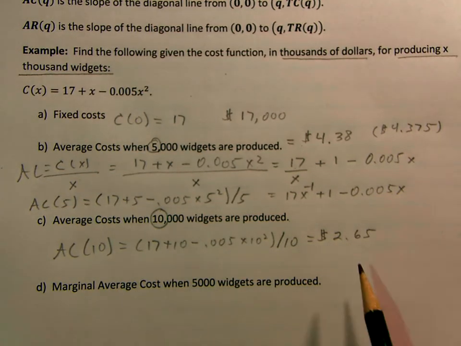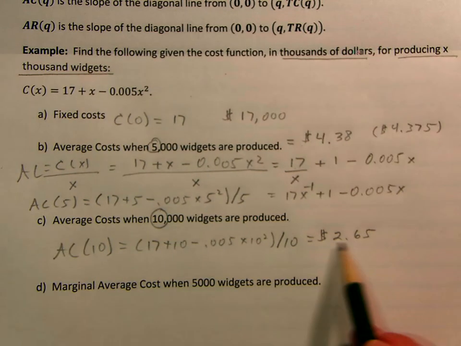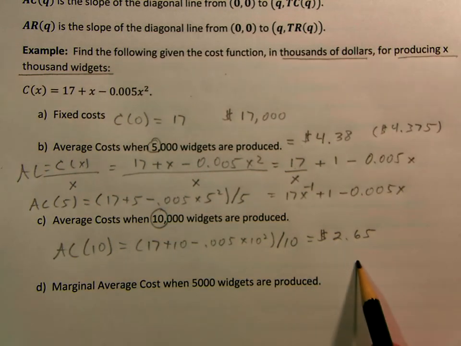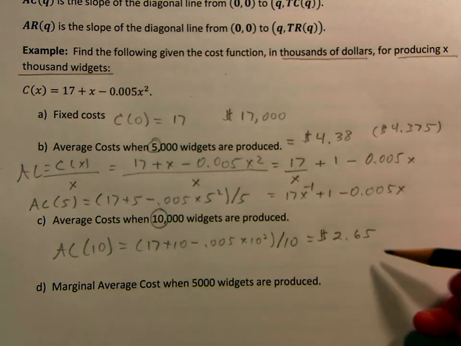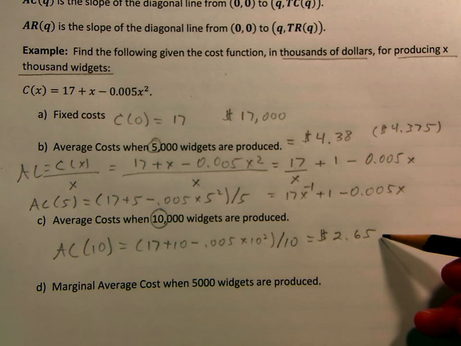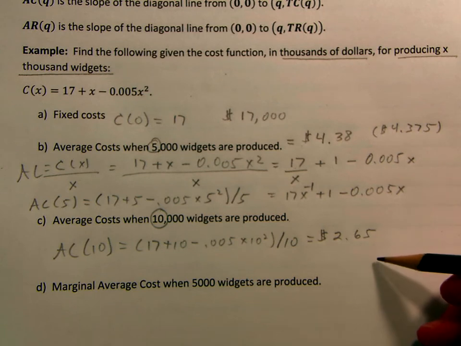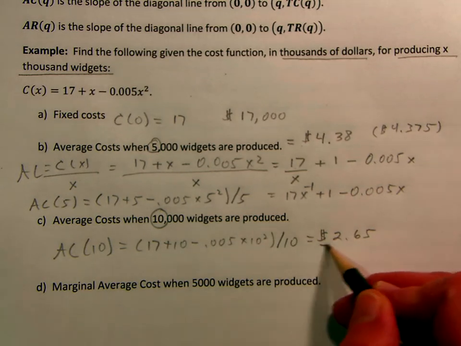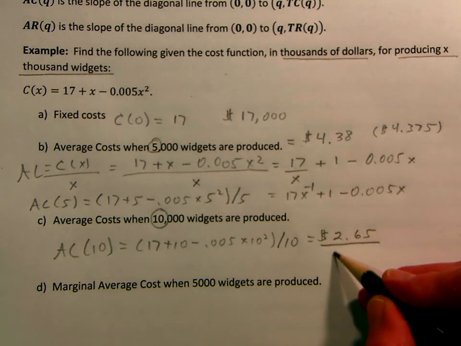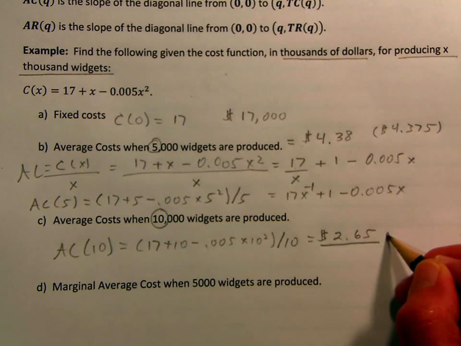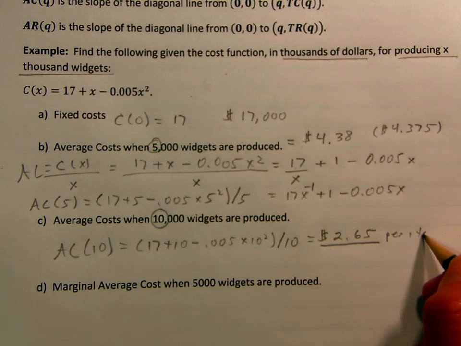The reason our price is coming out per unit is that it's this many thousands of dollars divided by x thousand units. The thousands divide out. So we're still coming up with $2.65 per item.